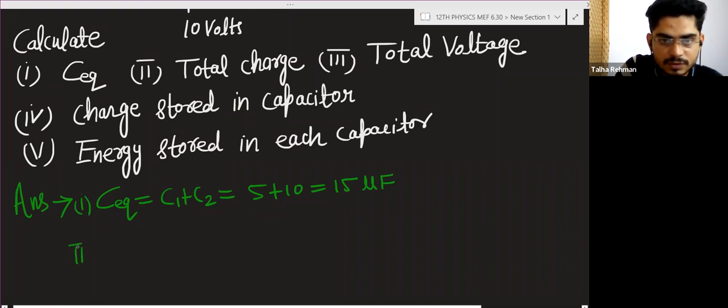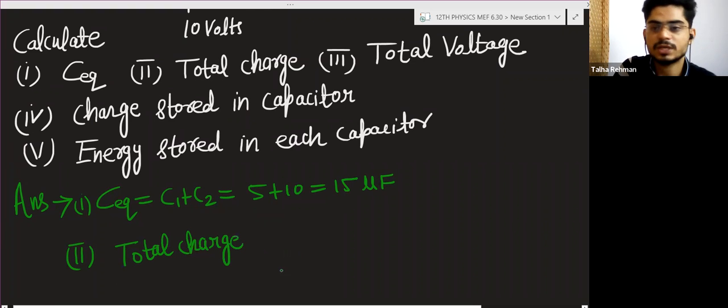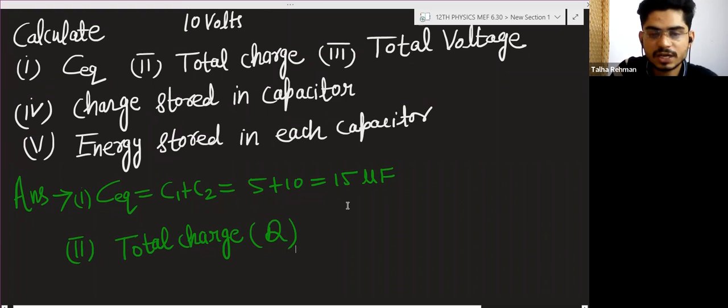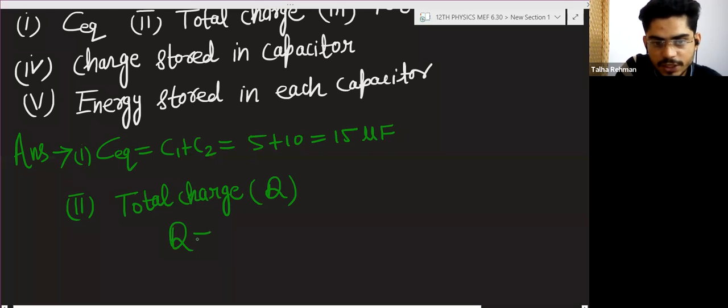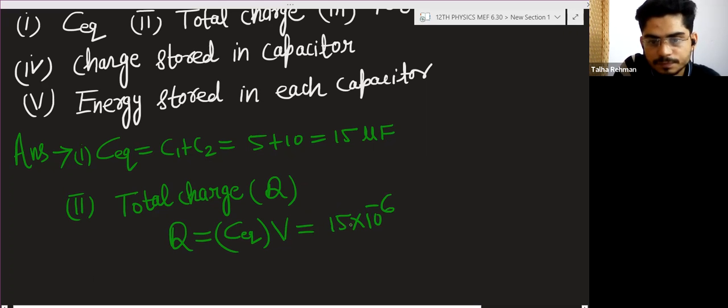first. If I want to calculate total charge is Q. We have represented total charge with Q, and Q is equal to C equivalent into the potential difference, and this is same for all. C equivalent is 15, and we will convert this into SI unit. 15 microfarad.